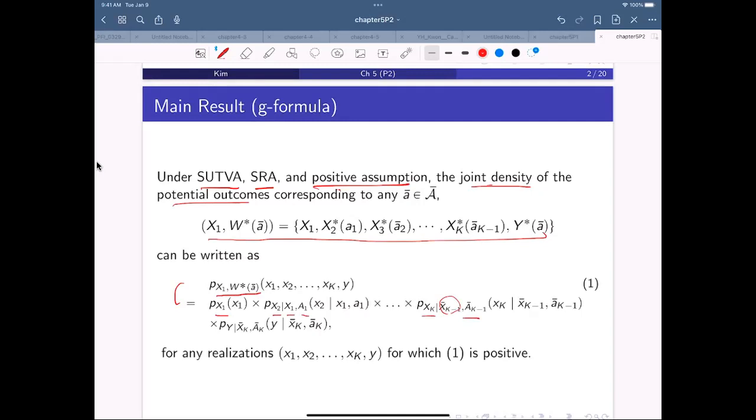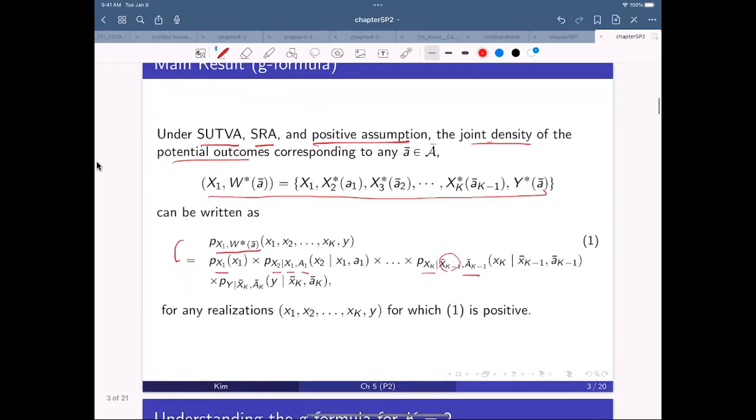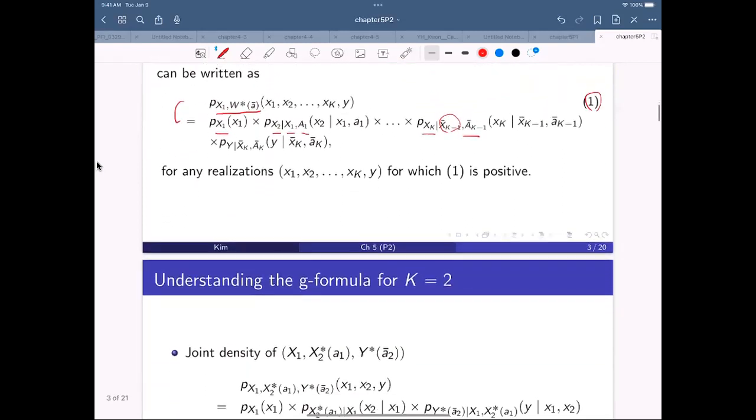So these conditional probabilities are all written in terms of the observed random variables, right? Observed data. So conceptually, if this is correct, then we should be able to identify and estimate our causal parameter.